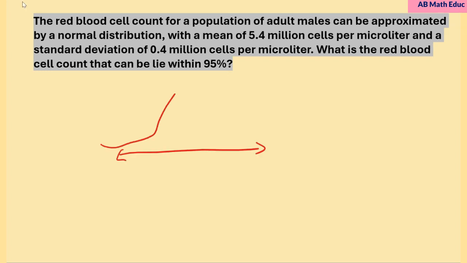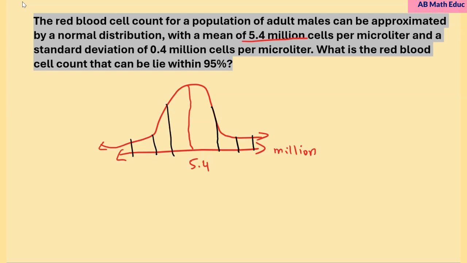We can apply this normal distribution to answer real life situation questions. All right, so we draw that here. You say the mean is 5.4 million. Remember, everything is in millions. Then you have your first, second, and third. They want us to get the 95%, and that is within 2 standard deviations.